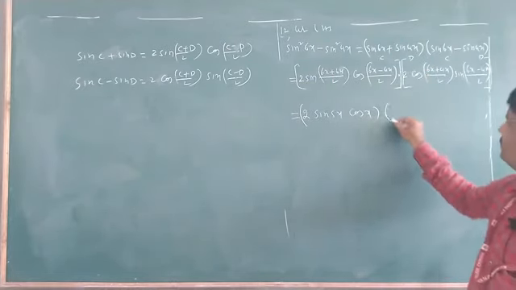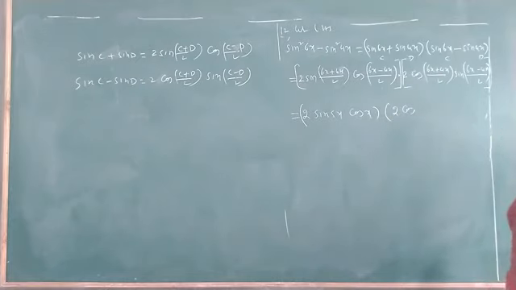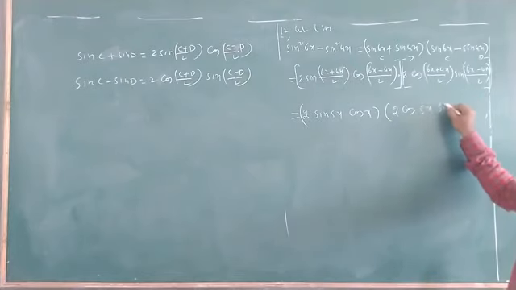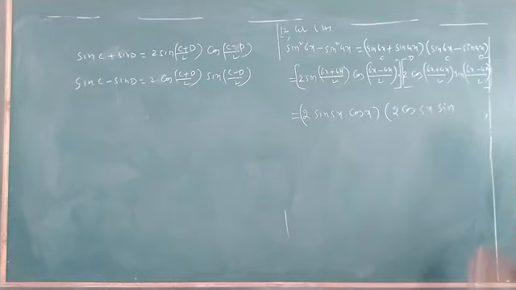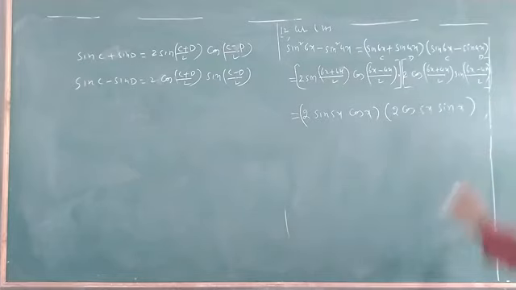Next, 2 into cos (6 plus 4), 10x by 2 is 5x. This one, sin (6 minus 4), 2x, 2x by 2 is x. The denominator 2 is there, no? Cancel. Okay? Yes.